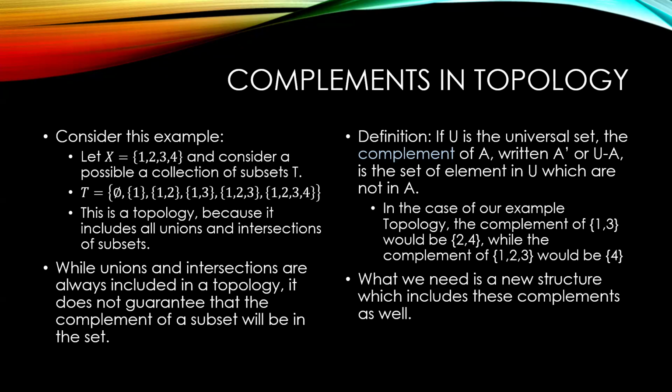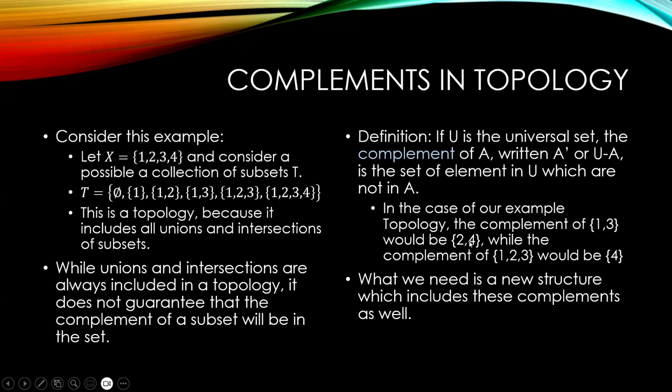If you recall, given some universal set, the complement of A, written A prime or U minus A, is the set of elements in U which are not in A. In the case of this topology, the complement of {1, 3} would be {2, 4}, because the whole set is {1, 2, 3, 4}.